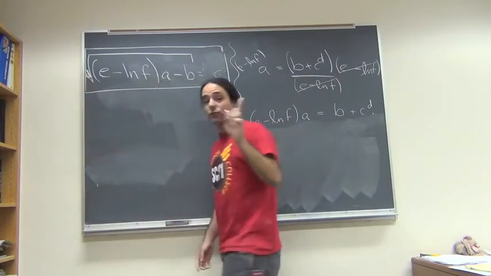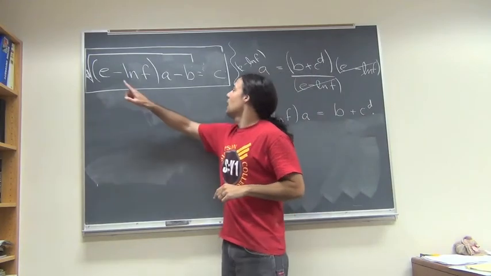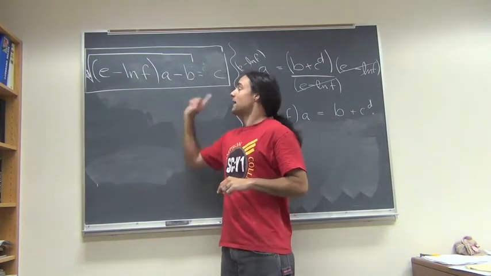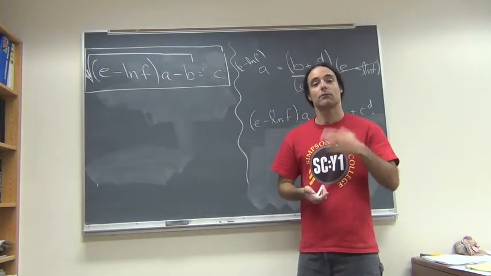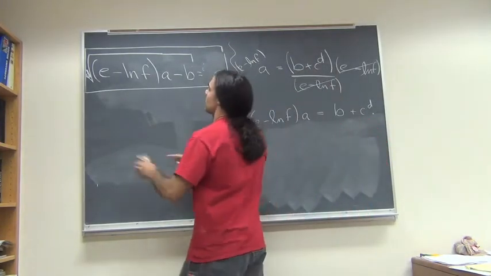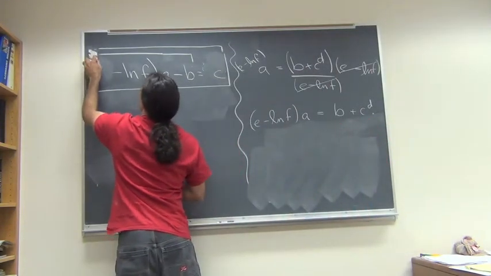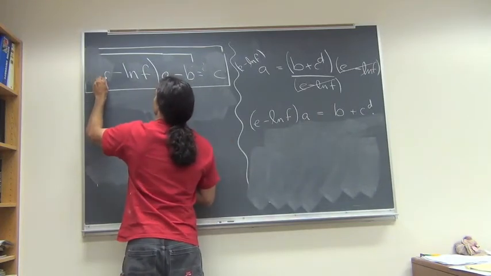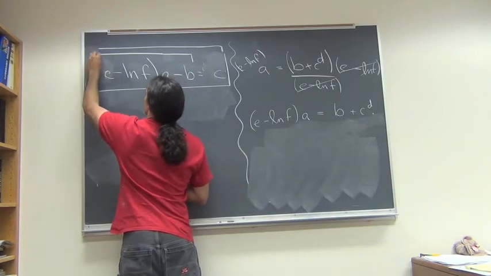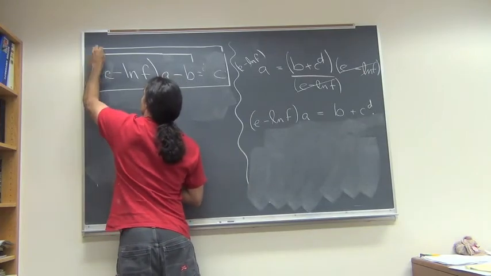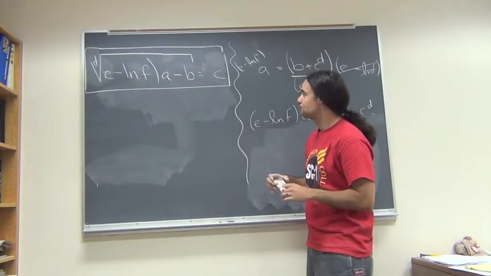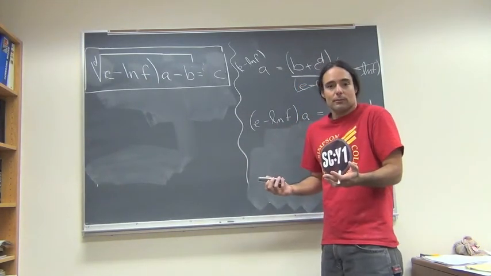It's the dth root, not a square root. The dth root of E minus log F times A minus B. Okay. So dth root, let me just write that, giving myself more room just to explicitly show that we're taking a dth root here, just because I forgot to put it in the first time. Okay, so that's what C is.